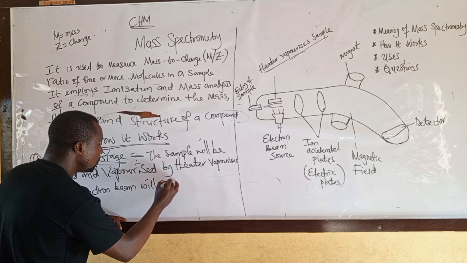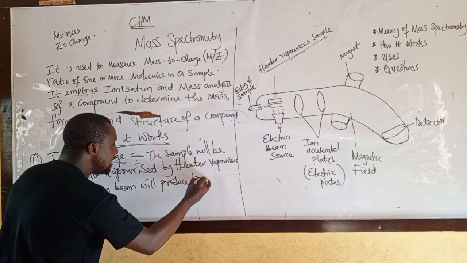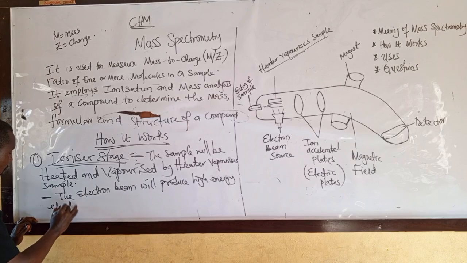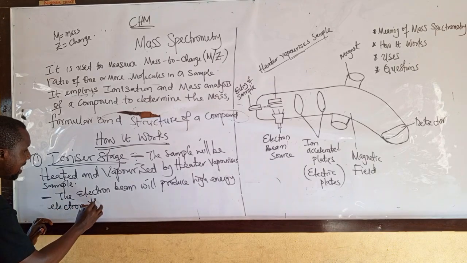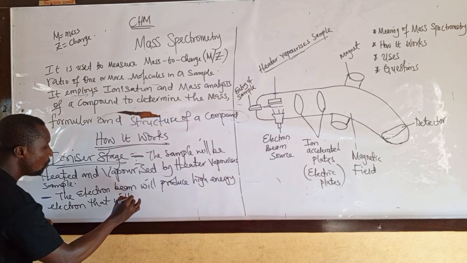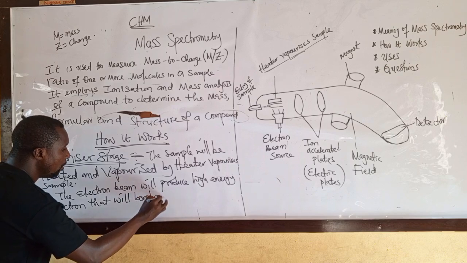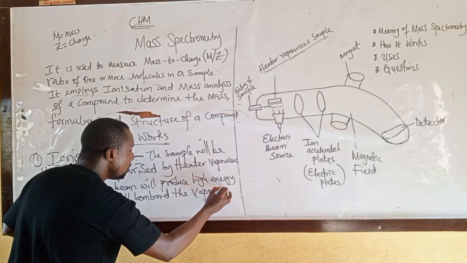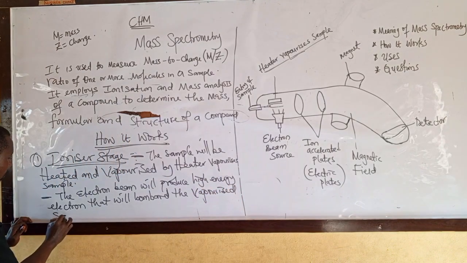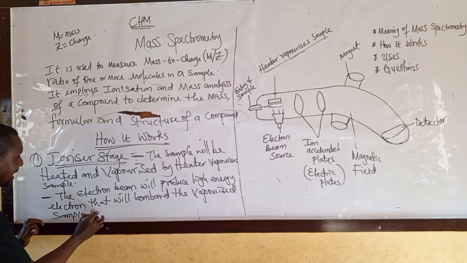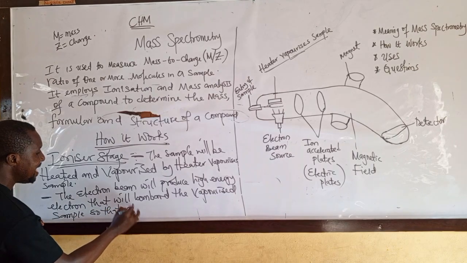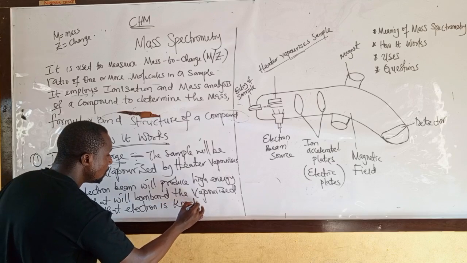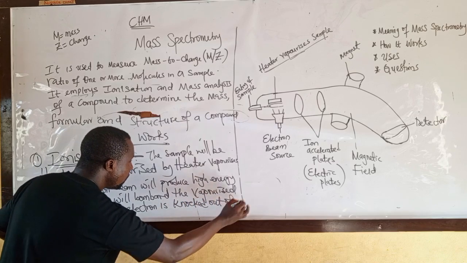Another point: the electron beam will produce high energy electrons that will bombard the vaporized sample, so that an electron is knocked out of the sample.